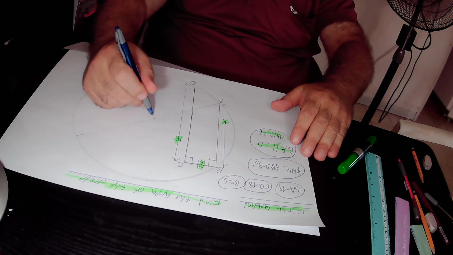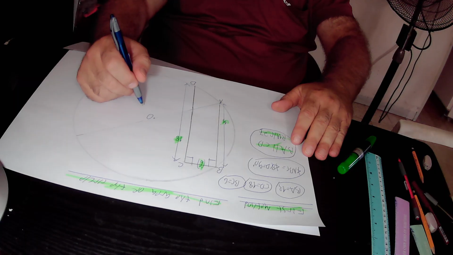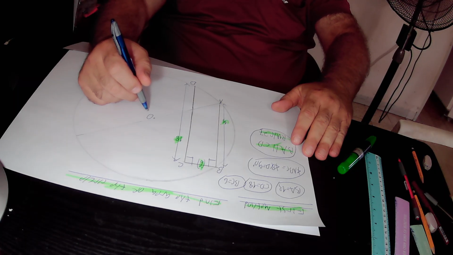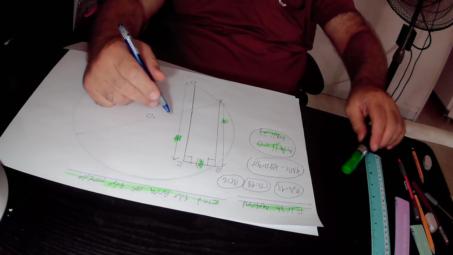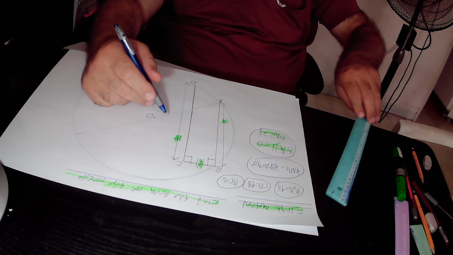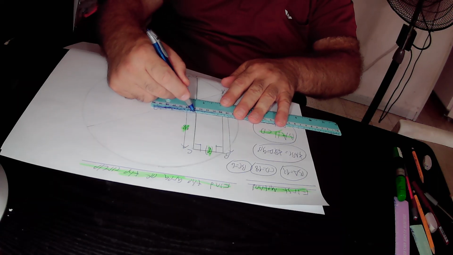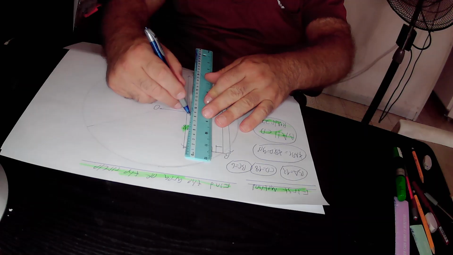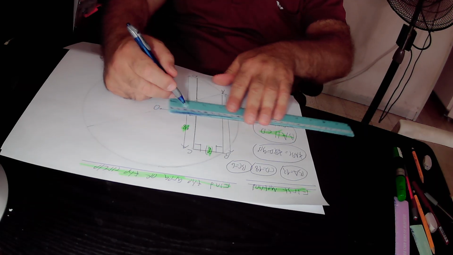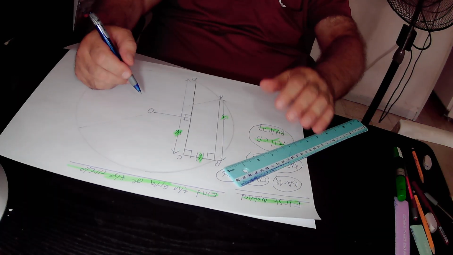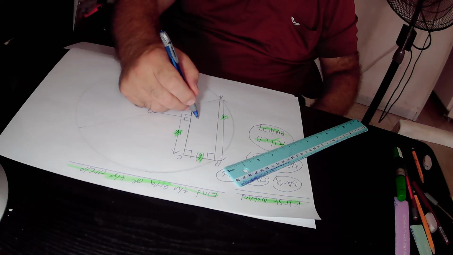This point is point O. And we will draw a perpendicular from point O, that is the center of this circle, to line CD. So this angle equals 90 degrees, and this angle also equals 90 degrees according to our construction. We define the touching point of the perpendicular from point O and line CD. This point is point M.